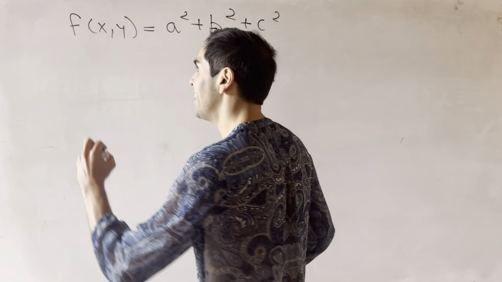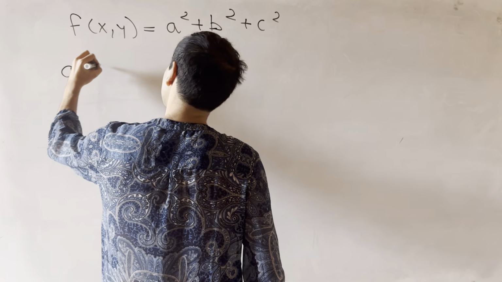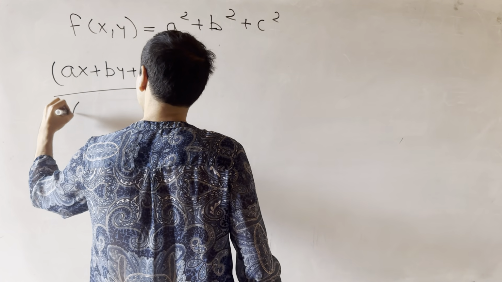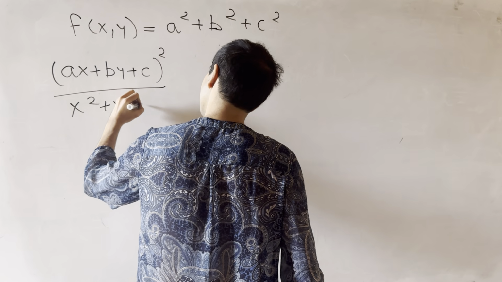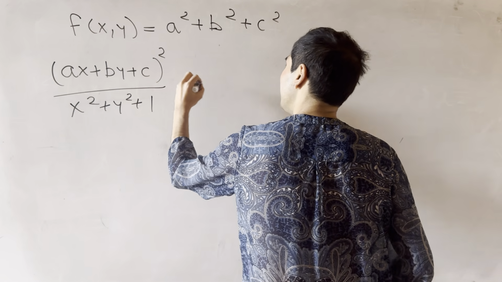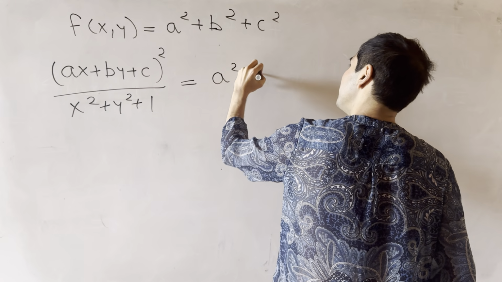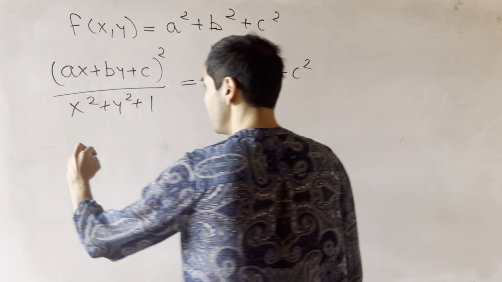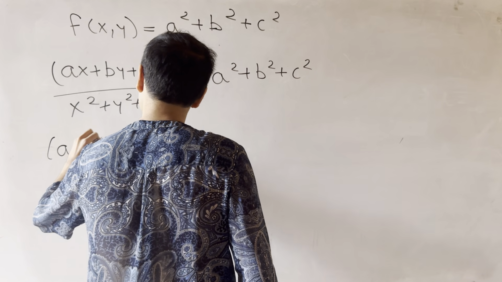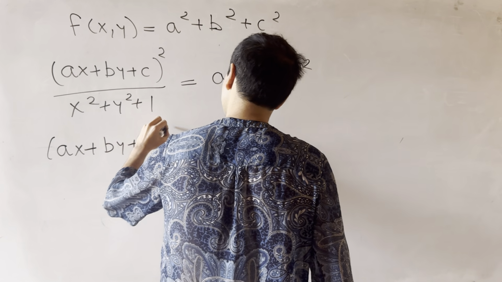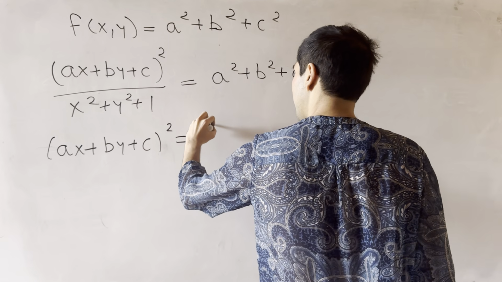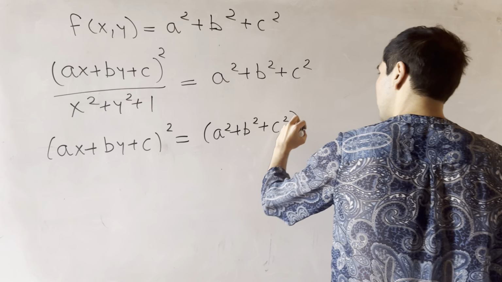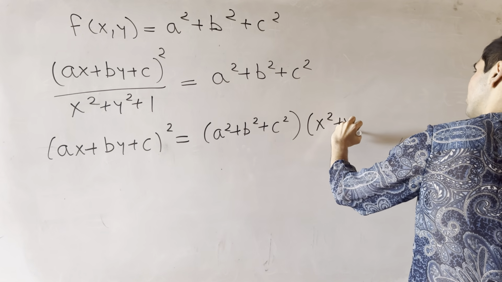Then we get (ax + by + c)² over (x² + y² + 1) equals a² + b² + c². Then let's cross multiply. So (ax + by + c)² equals (a² + b² + c²) times (x² + y² + 1).